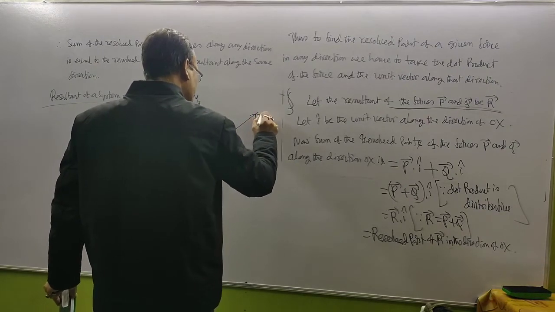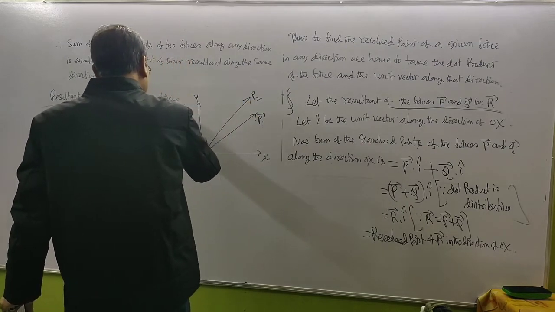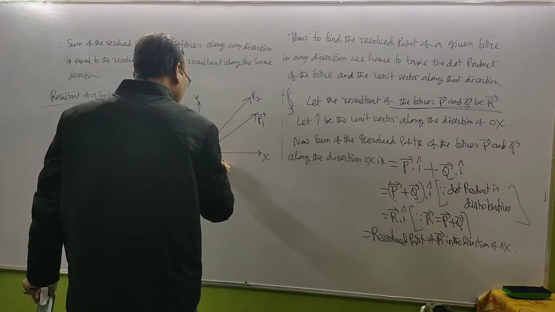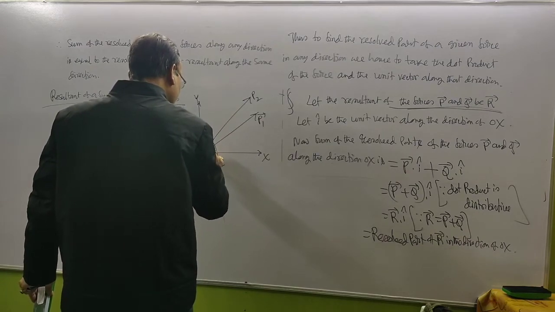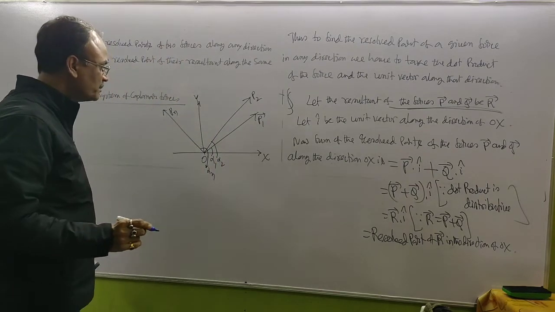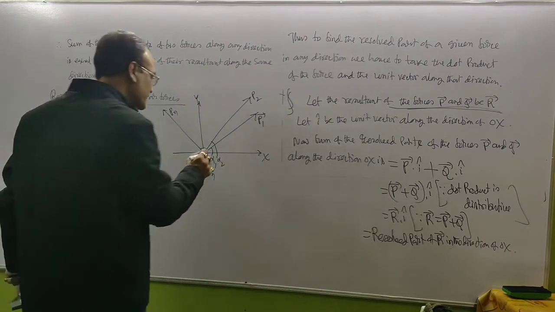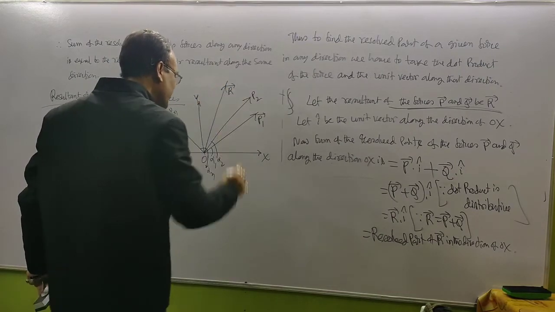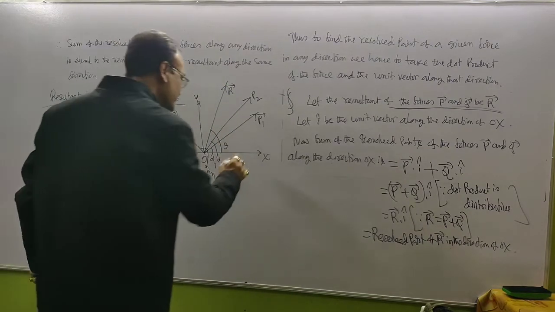Forces P1, P2 up to Pn make angles alpha 1, alpha 2 up to alpha n with the positive direction of the x-axis OX. Suppose OR is the resultant, and it makes an angle theta with the direction of the x-axis.